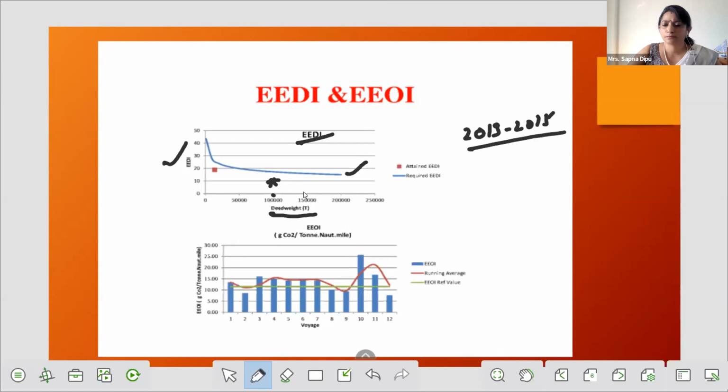Phase 1 is from 2015 to 2020, 20 to 25 is phase 2, and 25 above is phase 3. But every phase, they have reduced the requirement by 10%. That means this is the next line, and this is another line.